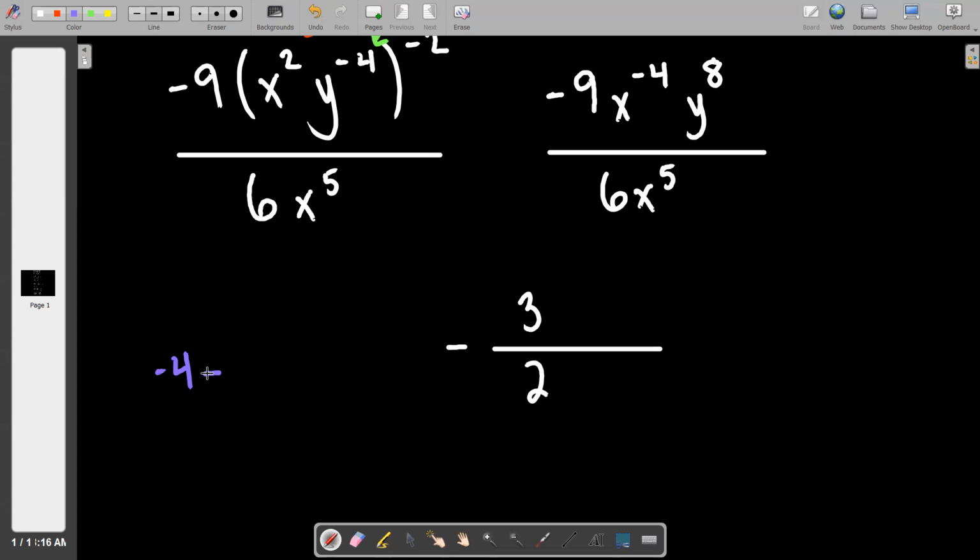Negative 4 minus 5 is negative 9, so I will put x to the 9th, but I will put it on bottom. Because when it comes out negative, you put it on bottom. When it comes out positive, you put it on top. And then that y is sitting there like, I got nobody to go with, so you can just leave me right where I'm at. So we're going to put y to the 8th up on top. Be done.